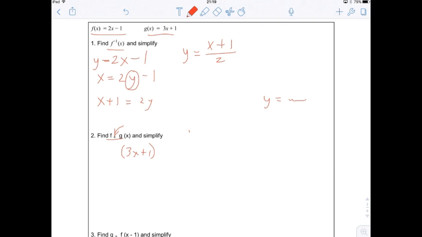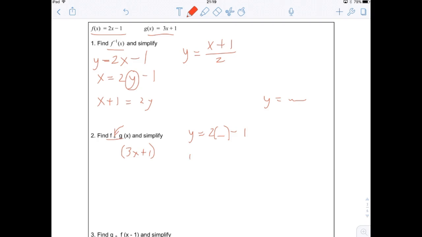Remember, f of x looks like this: y equals 2x minus 1. But before we substitute in the function g, we are going to replace the x with a parentheses and a blank. And now we're going to put it inside there. I think it's less confusing than replacing an x with an x.